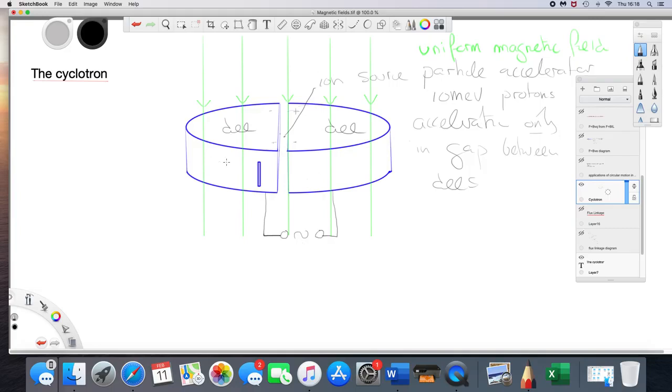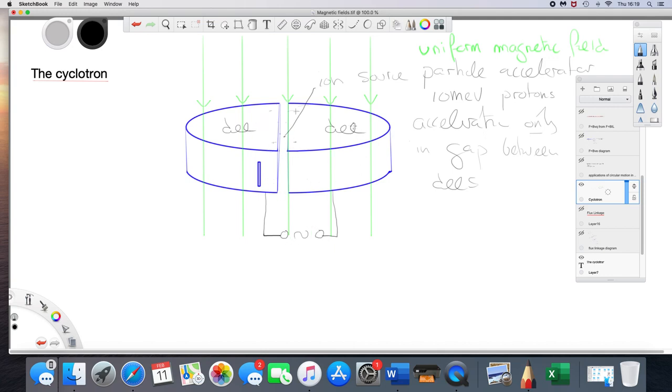So what we've got here then is some particle, charge Q, moving in a circle due to the field B, and it's being accelerated in the gaps between the Ds.